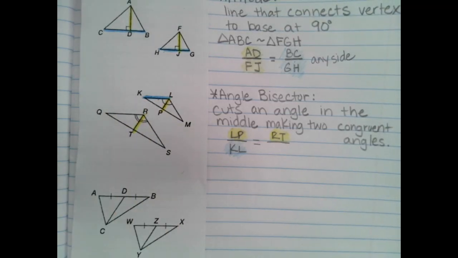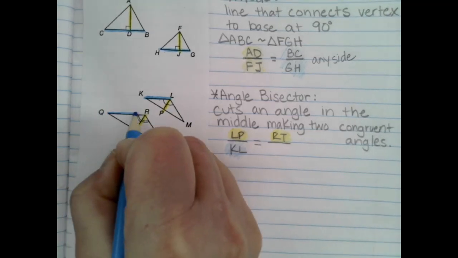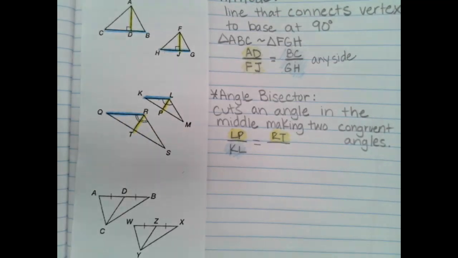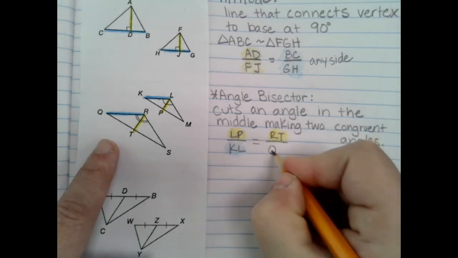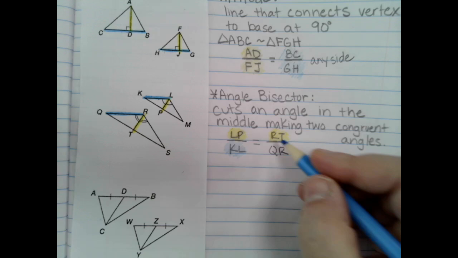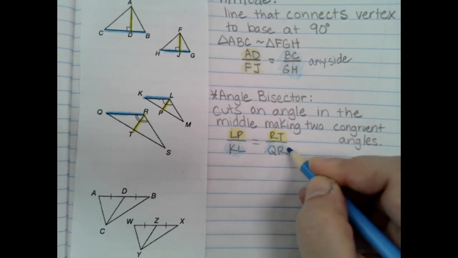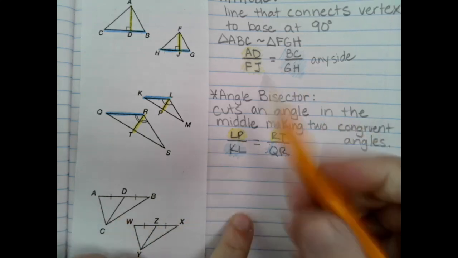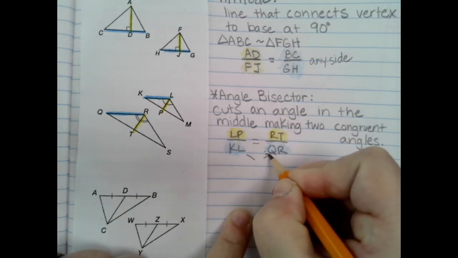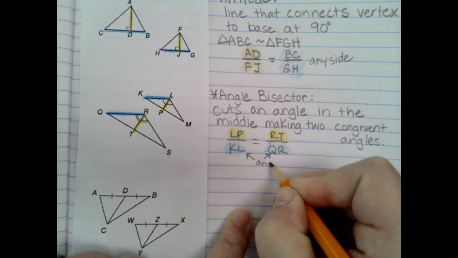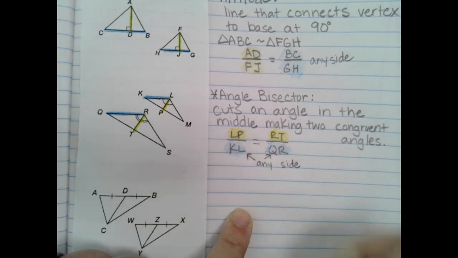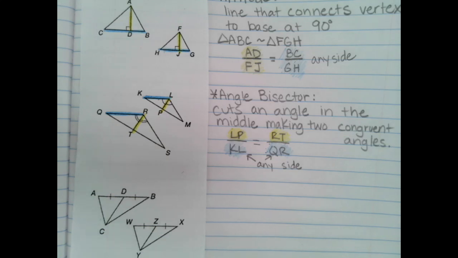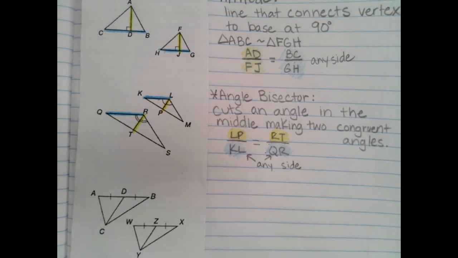So a part corresponds in the other triangle. QR. Okay, but remember for this part here, this could be any side, as long as they're matching sides or corresponding sides. So we could have picked LM or we could have picked KM. Okay, it's up to us. We don't have to pick that one.